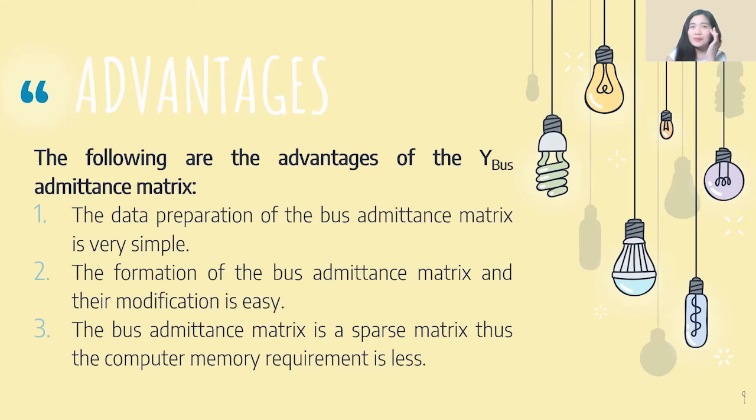That's the etiology. But the real thing is, the reason why it has those large zero values in a matrix will cause the computer memory requirement to be less. Anong mangyayari when the computer consumes less? It only means that the processing of the computer will be faster.